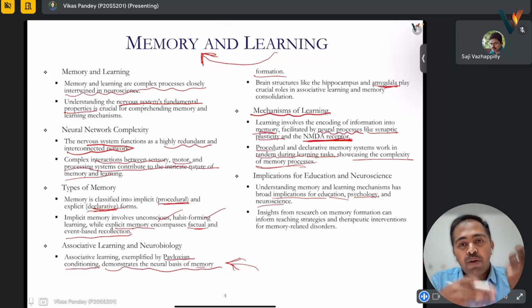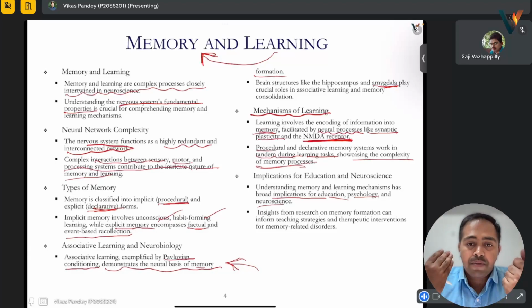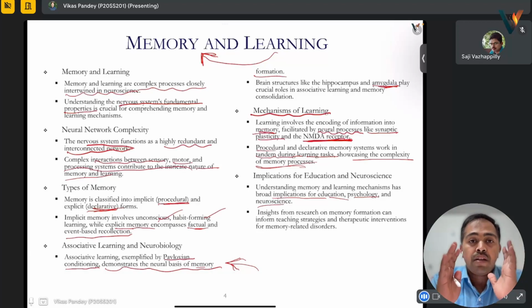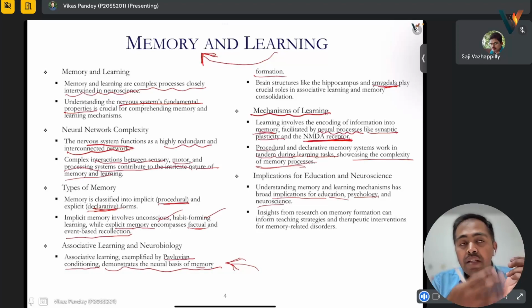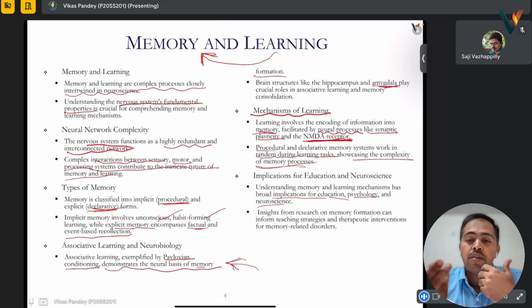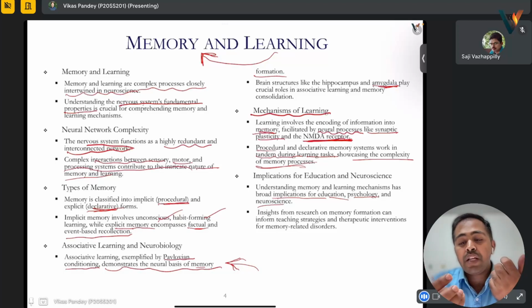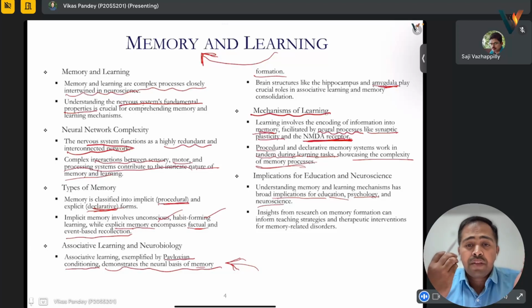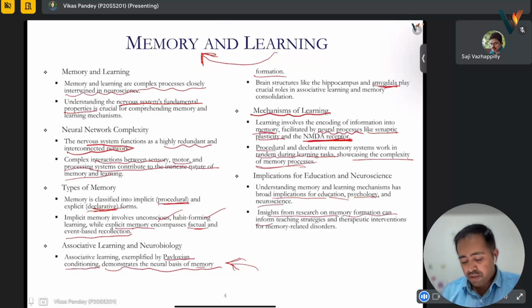If we know fundamentally how this mechanism works, we will be able to improve our learning and education, as well as understand different psychological reactions, and we can avoid some psychological problems, as well as some improvements can be made using this understanding. So these insights can inform teaching strategies and therapeutic interventions for memory related disorders.